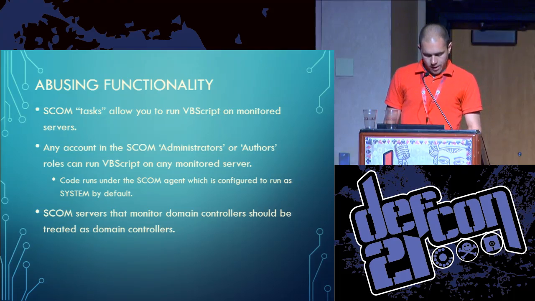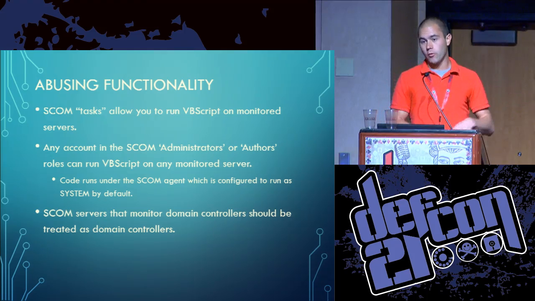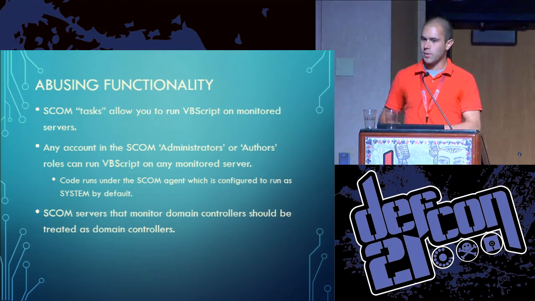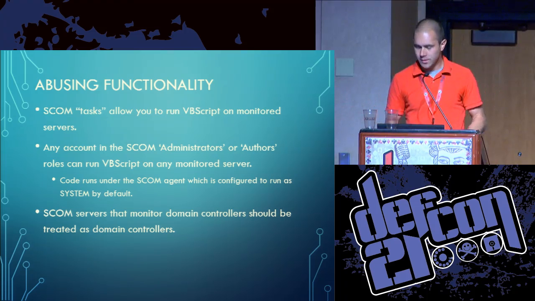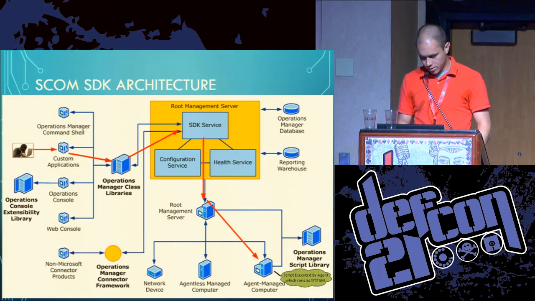So if you have a SCOM instance, then you need to have another instance that only monitors AD, and then one instance that monitors everything else. Obviously, they need to be isolated. That's the whole goal here. Here's an overview of the architecture, which was on MSDN.